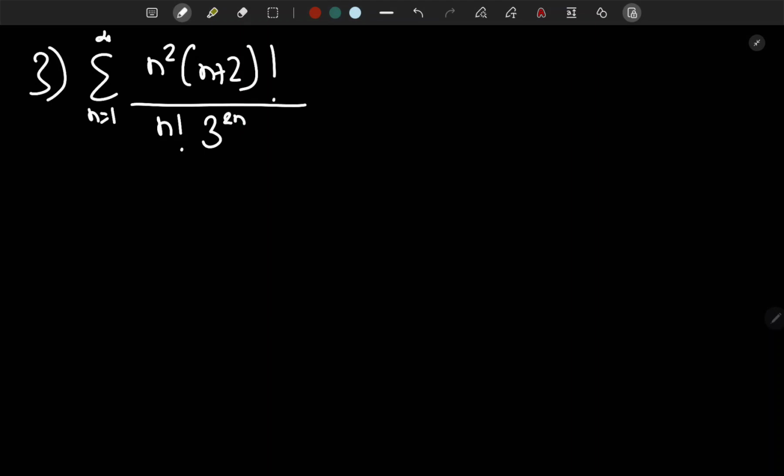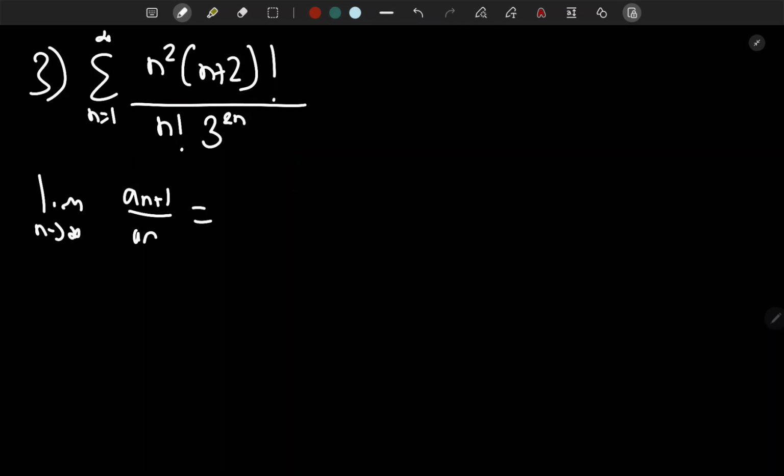So this looks overwhelming at the start, but now let's start slowly doing it. So let's write a n plus 1 first. It's going to be the limit of n approaching infinity of a n plus 1 over a n.